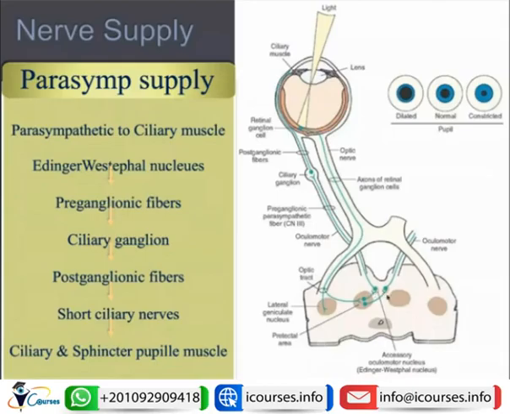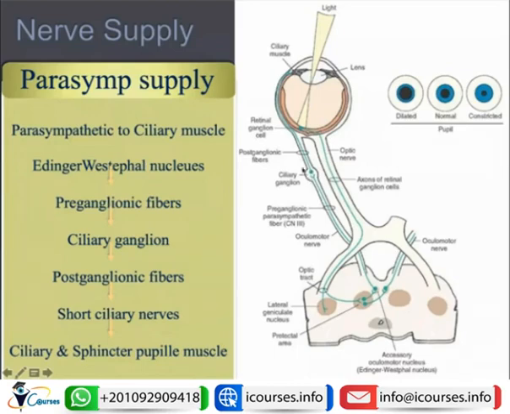On both sides, the Edinger-Westphal nucleus will give preganglionic fibers that will pass through the oculomotor nerve. Then from the oculomotor nerve, the preganglionic fibers will synapse in the ciliary ganglion.